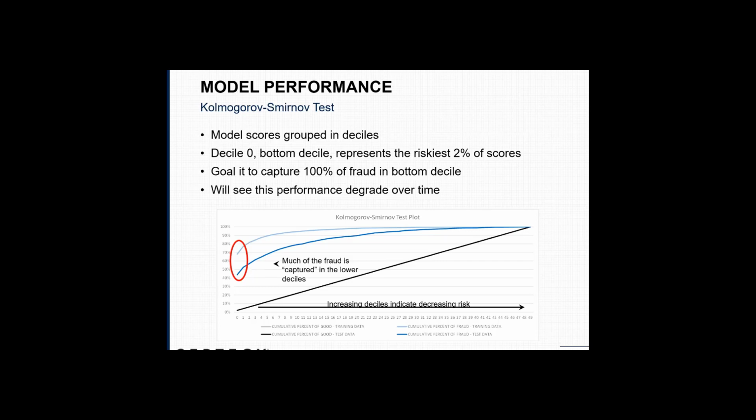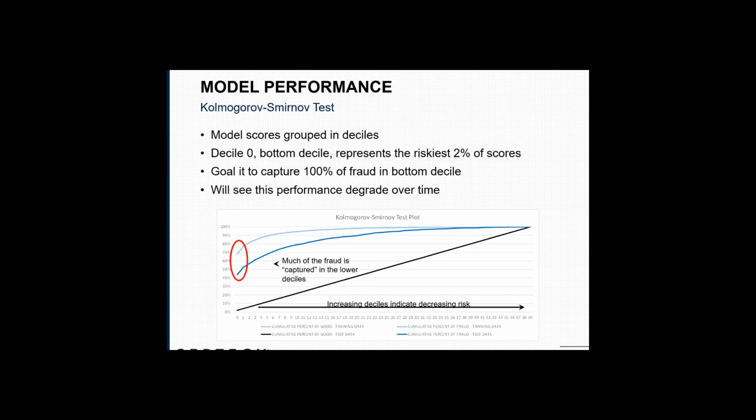As we move up in higher deciles, we're getting less and less risk. When we get up to decile 49 for this example, that's our lowest risk 2% of the population. Our goal here is to push as much fraud as possible into the bottom decile or deciles, depending on what percentage of our population is fraud.